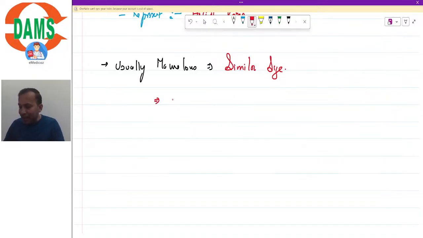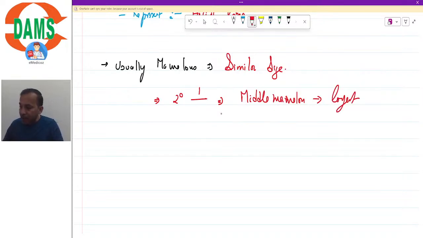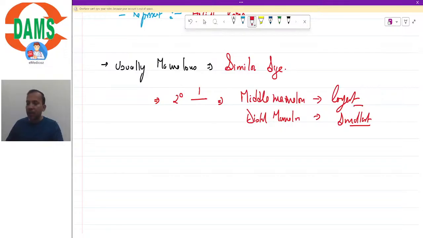In the case of the permanent maxillary central incisor, the middle mamelon is the largest and the distal mamelon is the smallest, and the mesial mamelon is between these two.